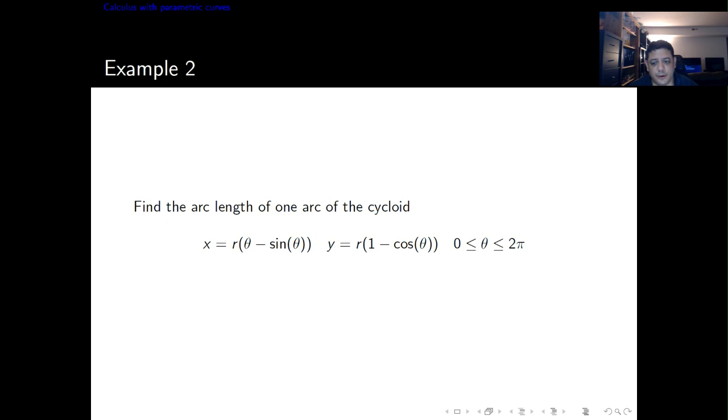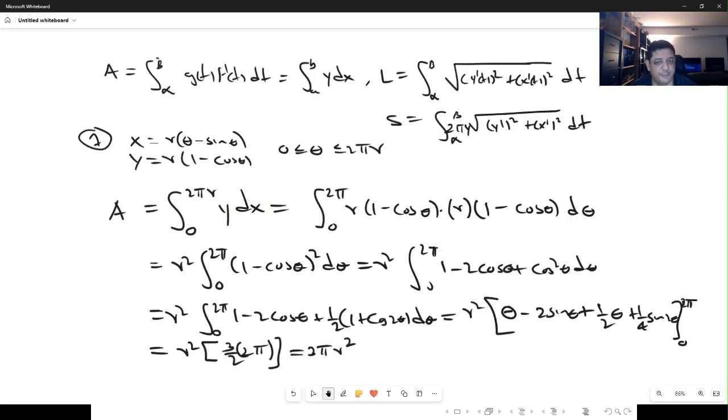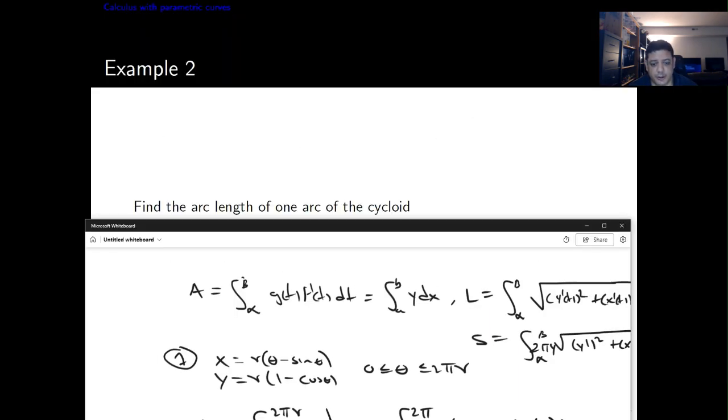Now let's use the same curve, but instead of finding area, we're going to find arc length. Notice that now we're going to have a little bit of a difference. Theta is going to go between 0 and 2 pi. So let's go for number 2.